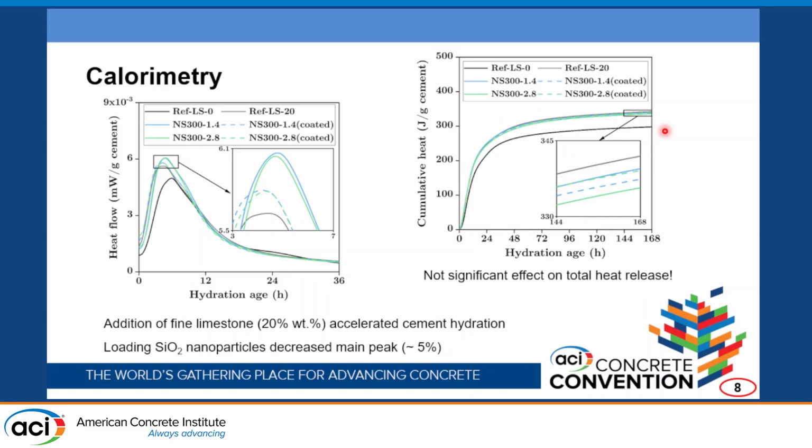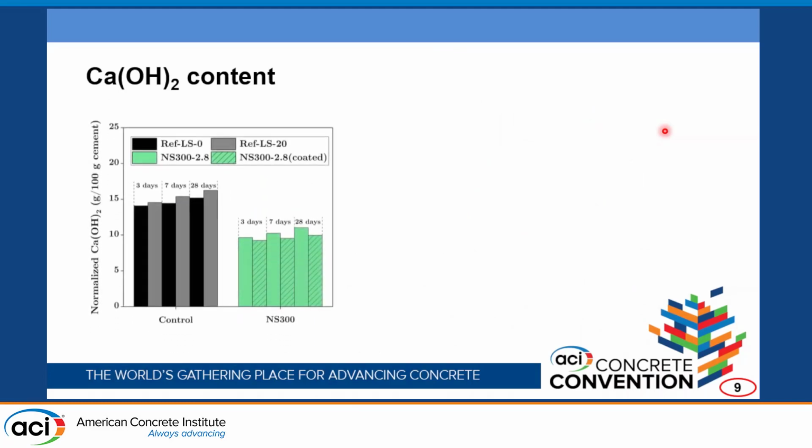With that, we get to the measurement of calcium hydroxide content as a representative of the pozzolanic activity within the cement-based material. By using nanoparticles, either coated or just added during mixing, we got for sure a lower calcium hydroxide (CH) content, which is due to the pozzolanic activity.